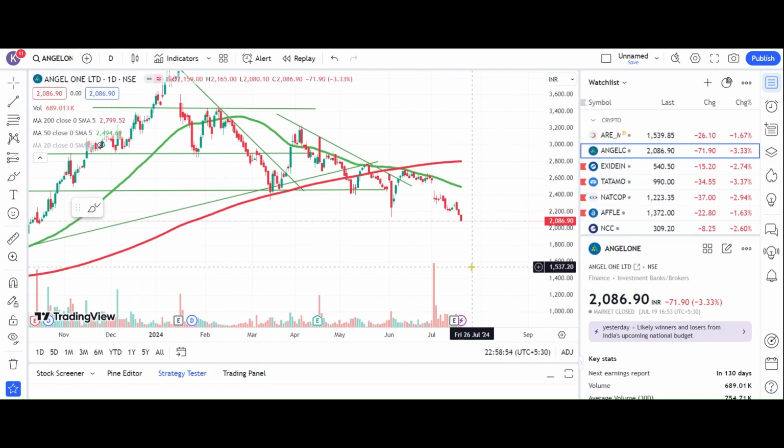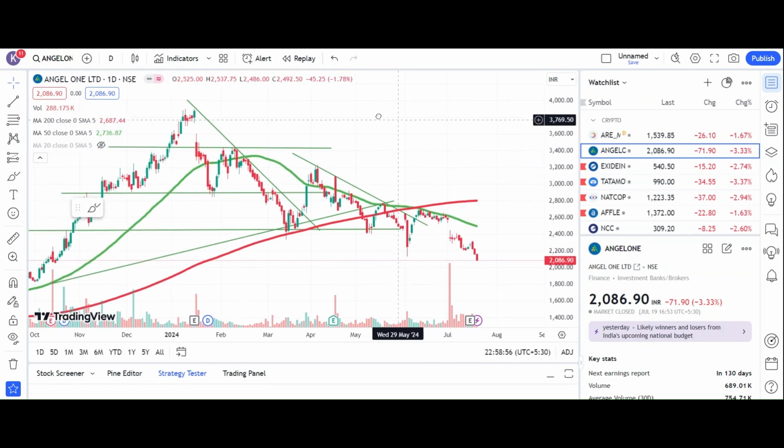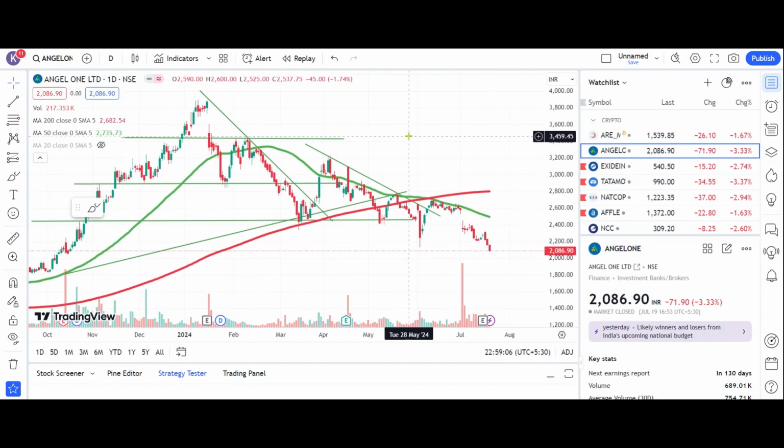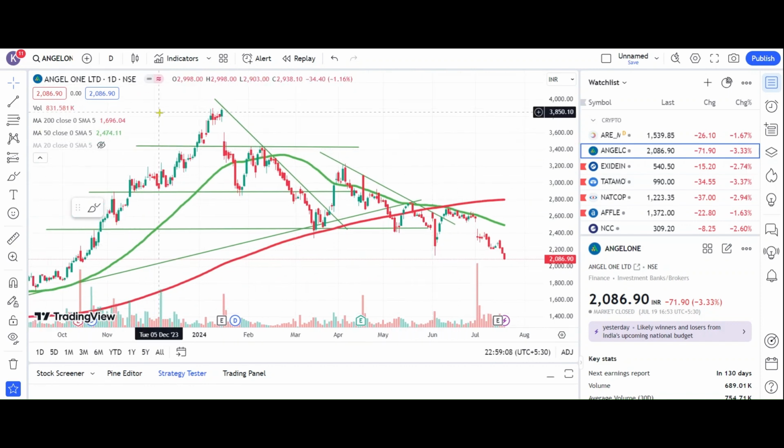That is why it's important to keep an eye on these moving averages and predict where the chart is heading. So this is one example of a technically weaker chart at present. It might still be a multi-bagger because it's a good company, but for now it looks weak.